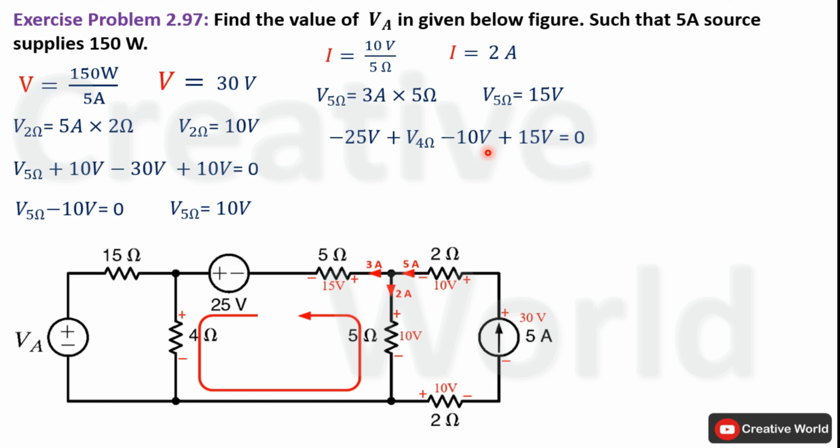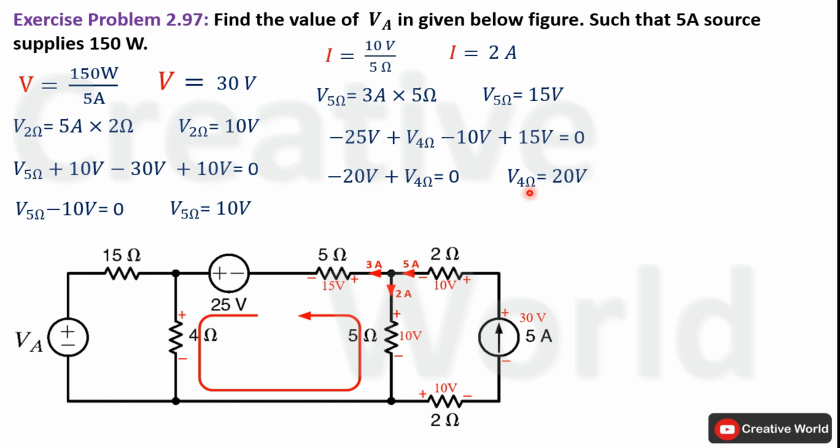Now subtract 10 volt from 15 volt, it will become plus 5 volt. And add that plus 5 volt into minus 25 volt, the answer will be minus 20 volt. And place this minus 20 volt on the other hand side of equal to calculate voltage across 4 ohm resistance, that will be equal to 20 volt.